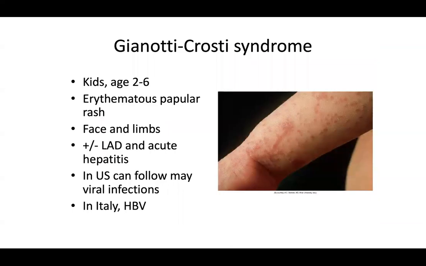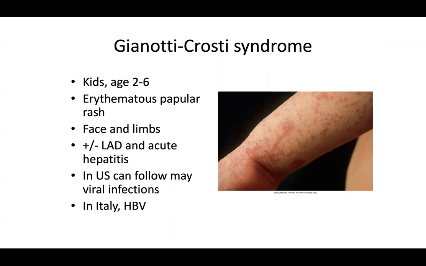Gianotti-Crosti syndrome. This is a clinical diagnosis often made in kids age 2 to 6. You see erythematous papular rashes on the face and limbs, plus or minus lymphadenopathy, and maybe even some acute hepatitis. In the US, this can follow many viral infections. That's why Gianotti-Crosti is mentioned in this lecture, because it follows viral infection in so many cases.